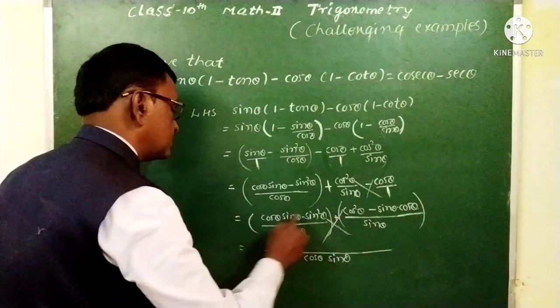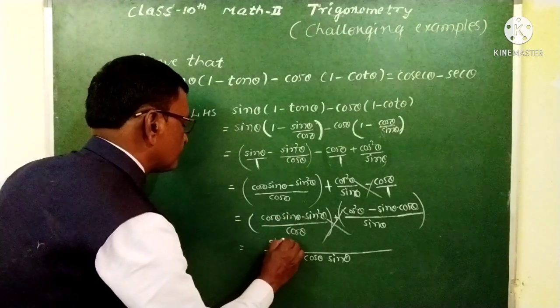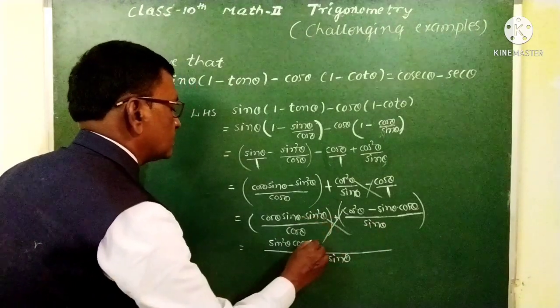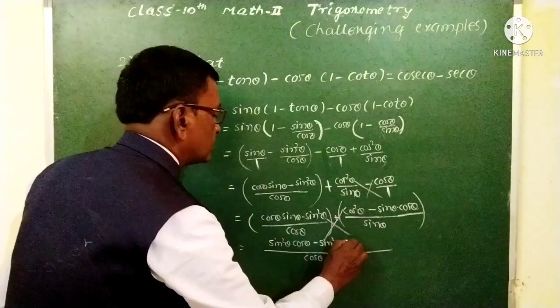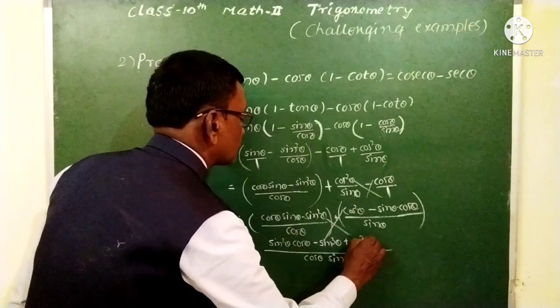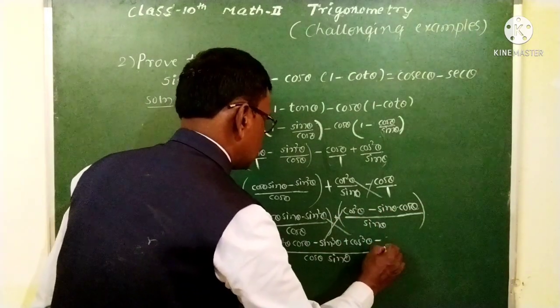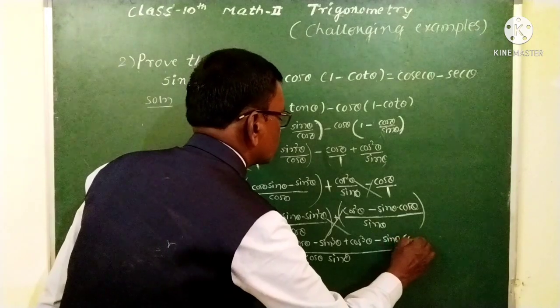So here is sin theta into sin theta equal to sin square theta into cos theta minus sin theta into sin square theta is sin cube theta, cos theta into cos square theta is cos cube theta minus cos into cos is cos square theta sin theta into cos square theta.